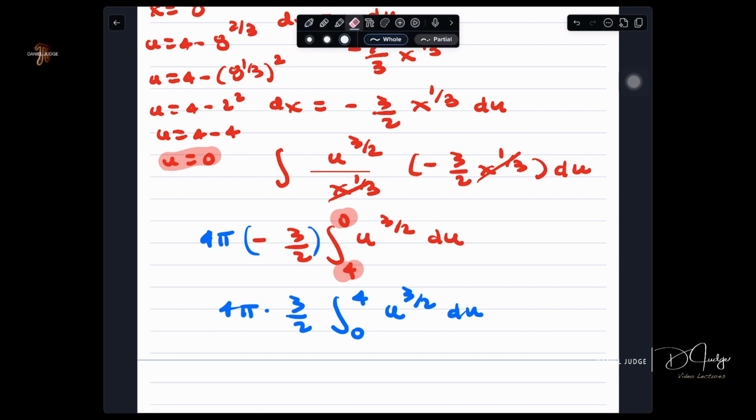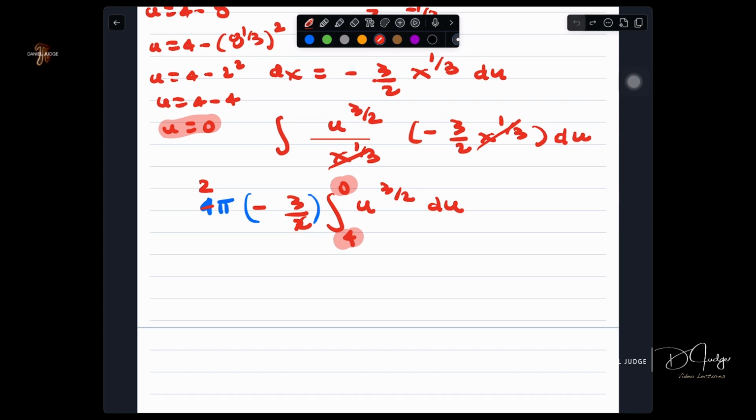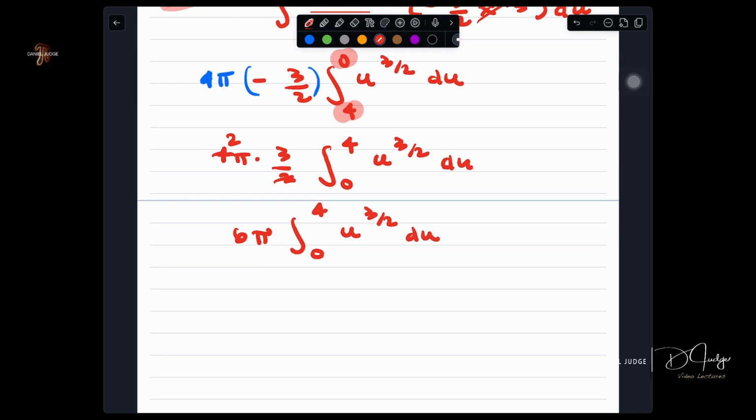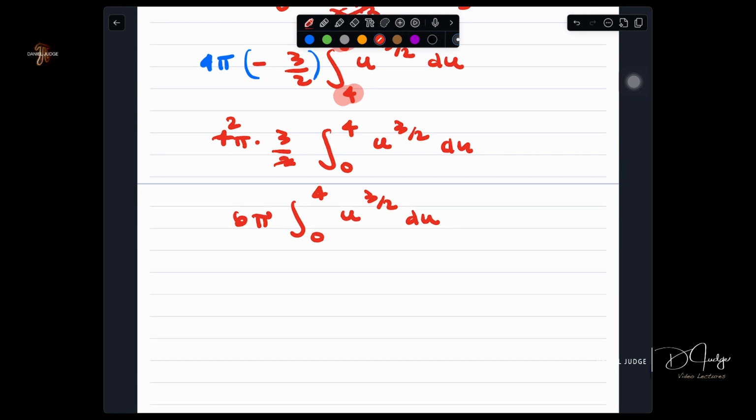Since we're still doing that u sub, let's also simplify here, one step at a time. 4 pi times a positive 3/2, 0 to 4. We can switch the limits now. So this becomes 2. We end up now with 6 pi. We integrate from 0 to 4, u to the 3/2 du.